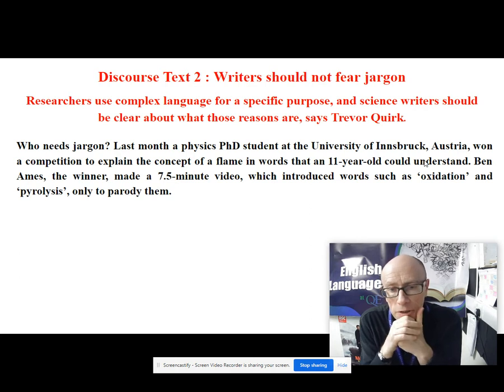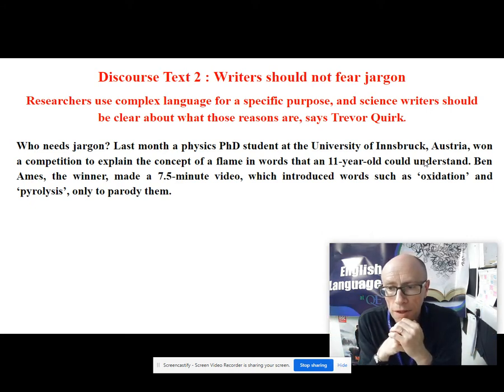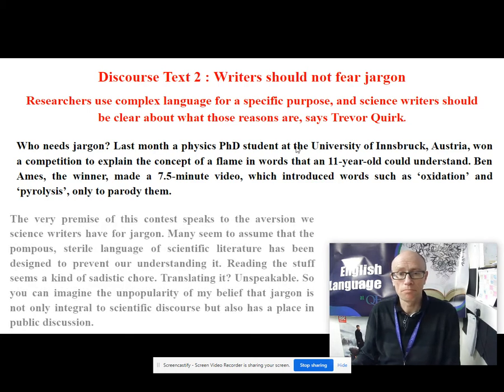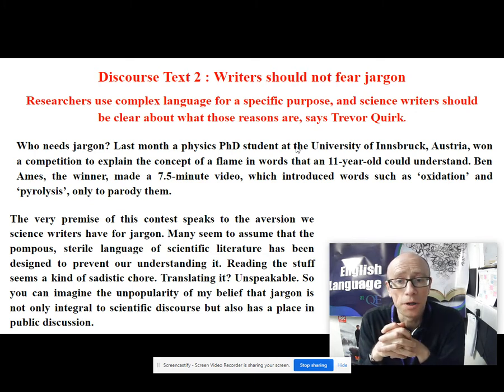And what it seems to be demonstrating is that here we've got somebody who is deliberately not using any jargon. And when they come across jargonistic words like oxidation, then actually they're mocking them, because it says only to parody them. The very premise of this contest speaks to the aversion we science writers have for jargon.